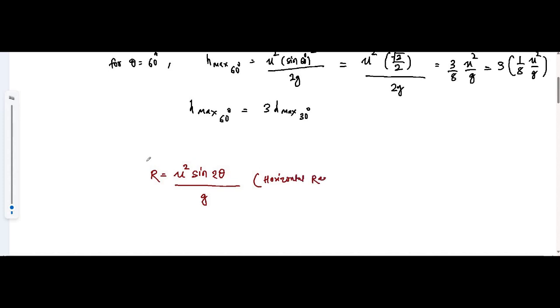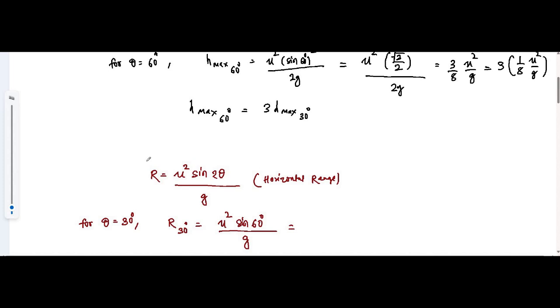Okay, now there are two cases, theta equal to 30 degree and theta equal to 60 degree. So for theta equal to 30 degree, horizontal range R subscript 30 degree is equal to u square sine 2 into 30, that is 60 degree, by g.